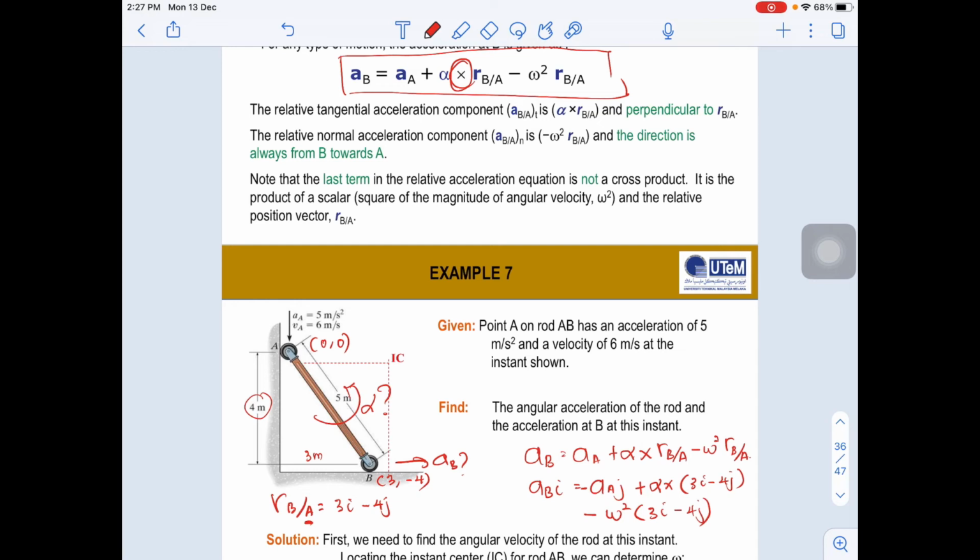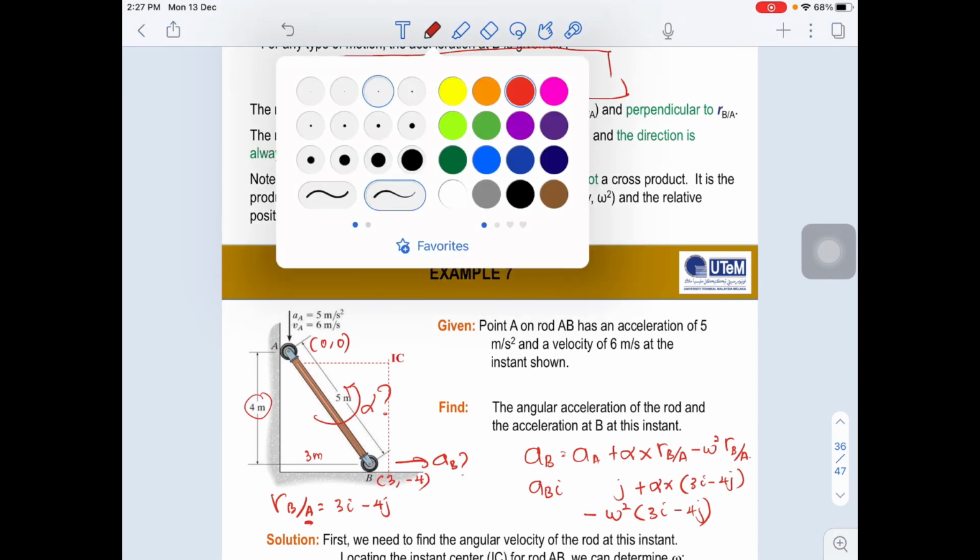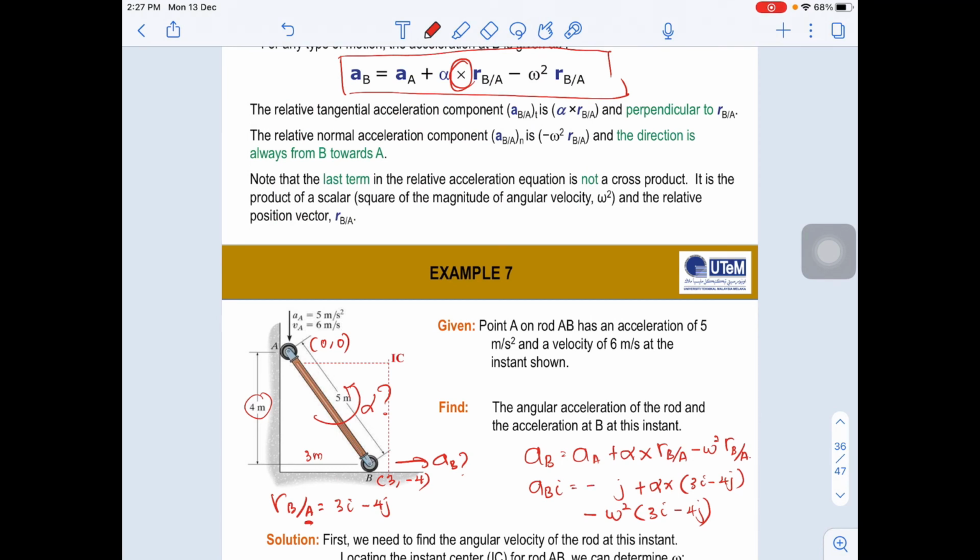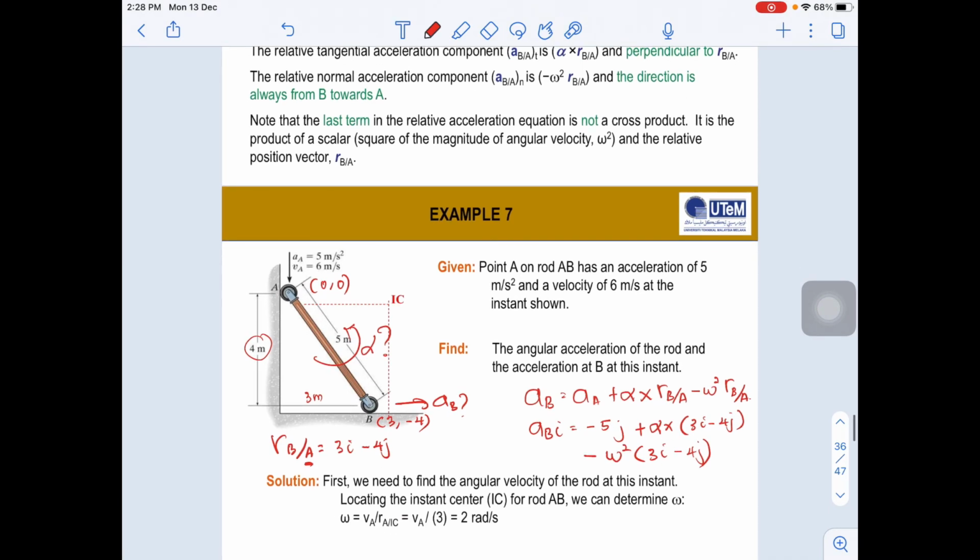So you have several unknowns here. So AA, you know what is AA, which is minus 5. Okay, I put here, equals to minus 5j, right? So you have 3 unknowns, AB, alpha and omega, but you have only 2 equations, which is in I direction, in j direction.